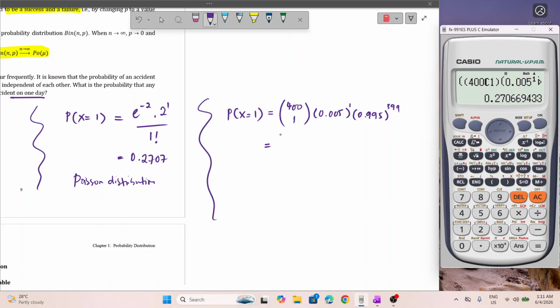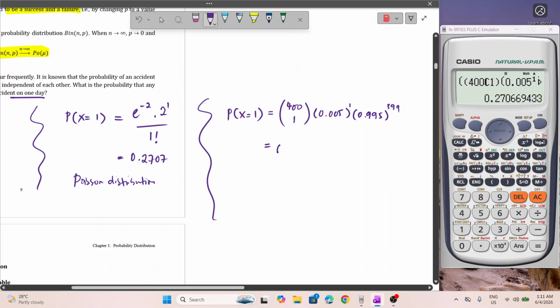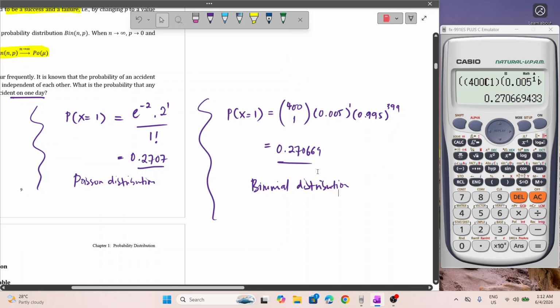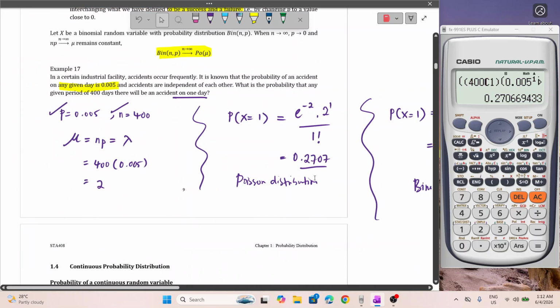See, we get almost the same answer, 0.270669. So it is proven that Poisson can be used to approximate the probability for a binomial distribution when n is large and p is very small.